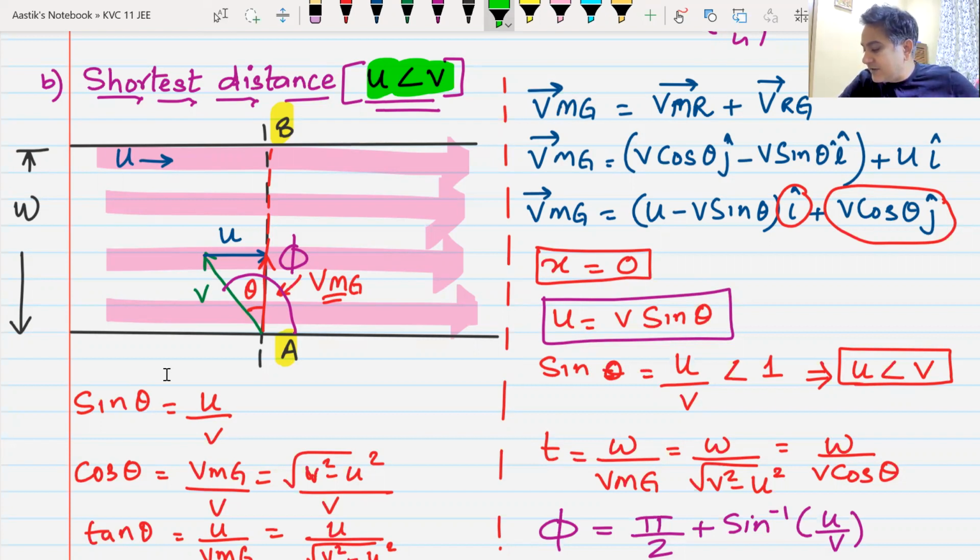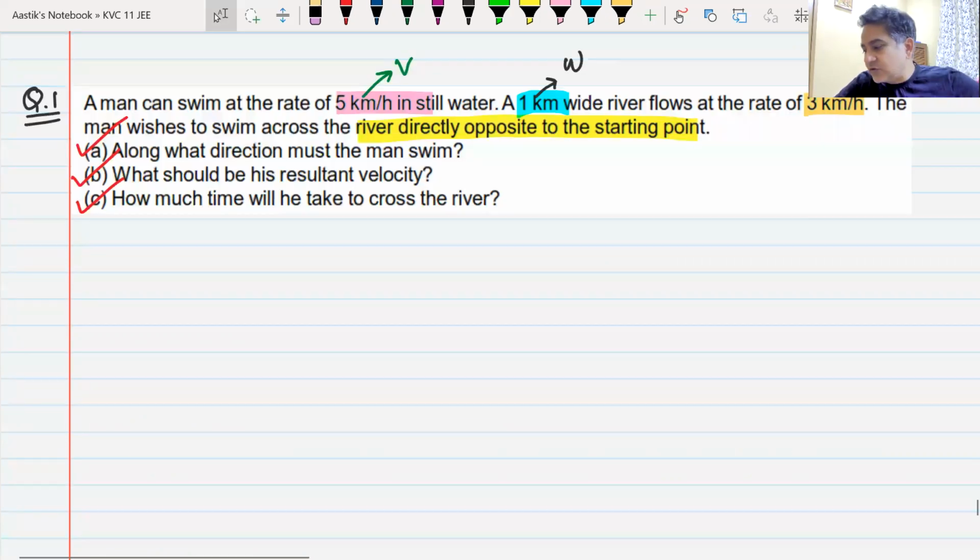Then I think we were discussing a problem based on this river boat, and I don't think we could solve this. So we will start today's class with the same problem. A man can swim at the rate of 5 km per hour in still water. A 1 kilometer wide river flows at the rate of 3 km per hour.